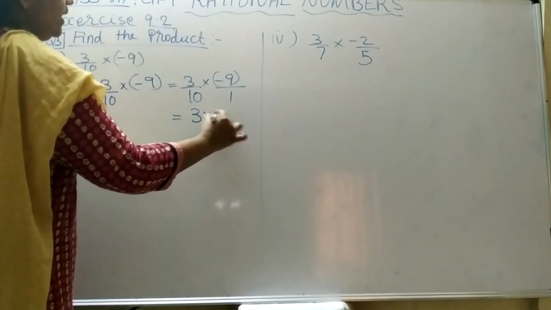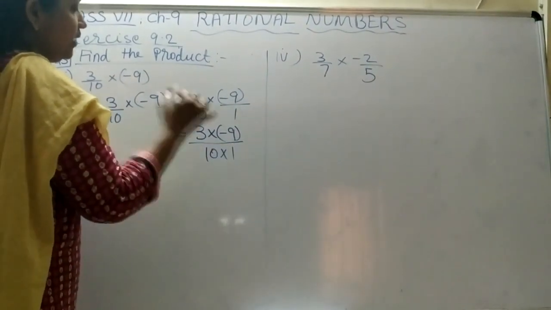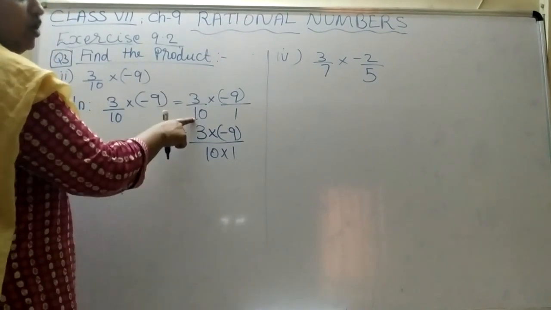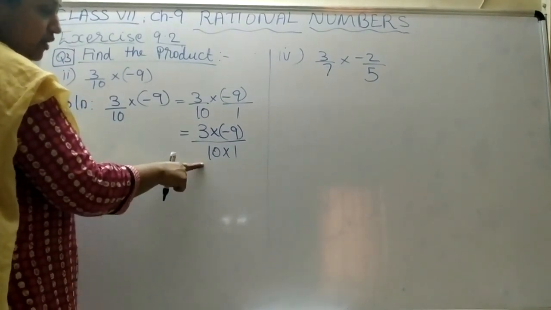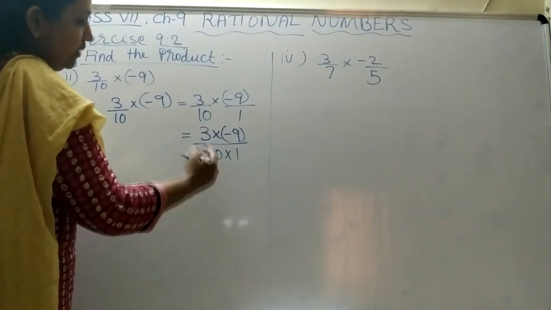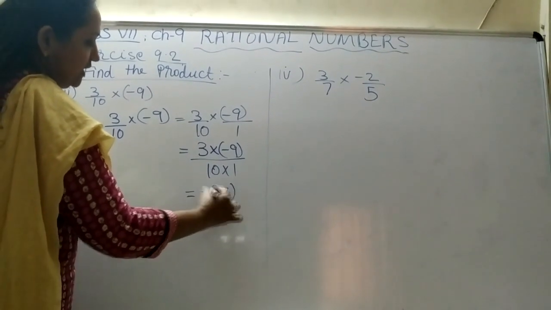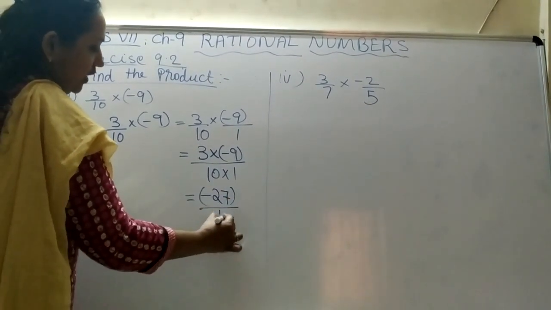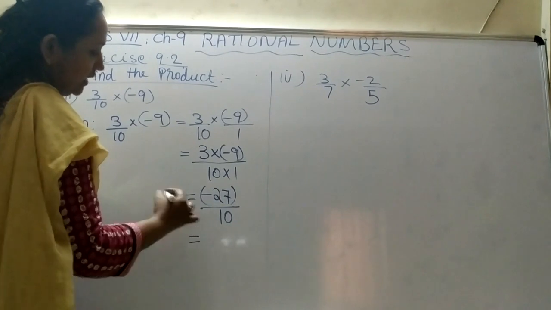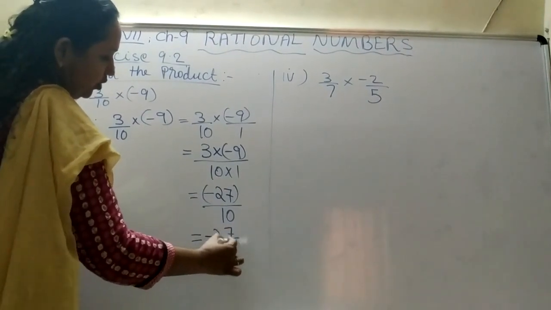That is 3 into minus 9 upon 10 multiplied by 1. There is no common factor between numerator and denominator, so we can't cancel anything. So the answer will be 3 multiplied by minus 9 gives minus 27 upon 10, or it can be written as minus 2 integer 7 upon 10.